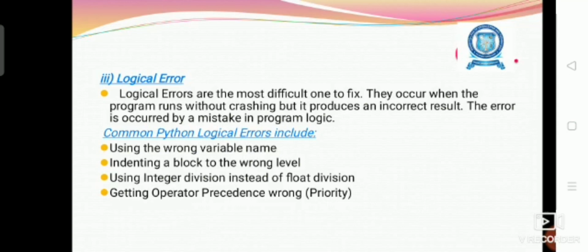So we will get the logical error. We will get incorrect results. And in the place of the division operation, when we apply integer data instead of float data, we will get the wrong result. And when we are applying the indentation at the wrong level, we will get the logical error.